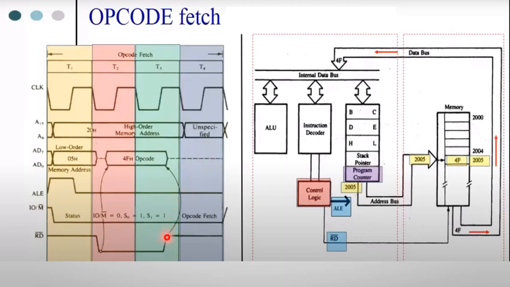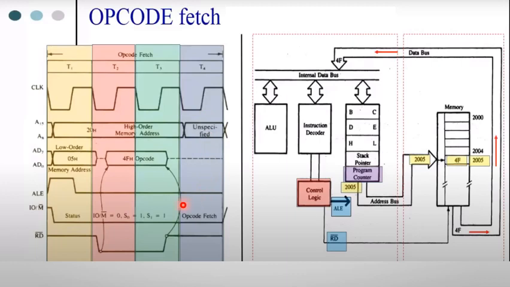So at the end of the T3 cycle, the read signal is disabled and it goes to active high. During the T4 clock cycle it is active high, because in the T4 cycle the microprocessor is only going to do the instruction decoding. The fetched opcode is being decoded. No read or write operation is being performed, right? So it is going to decode that particular instruction.